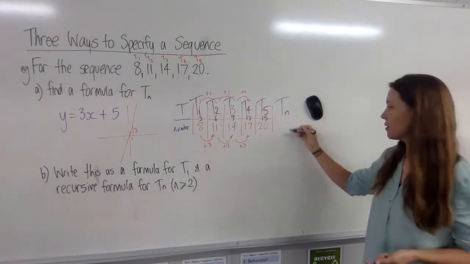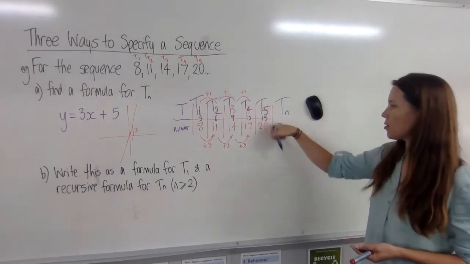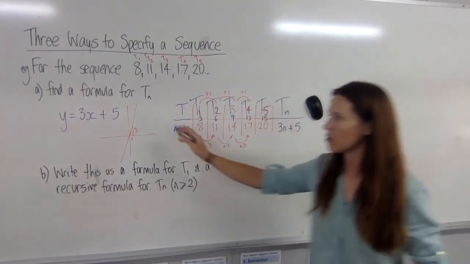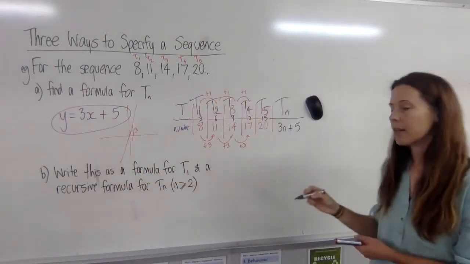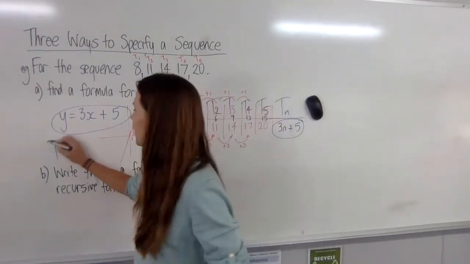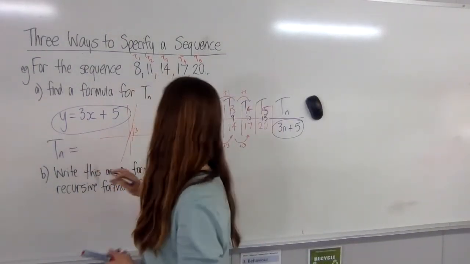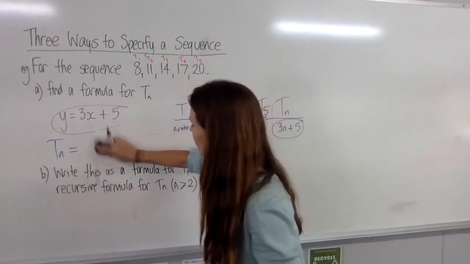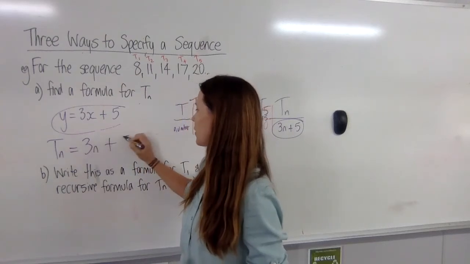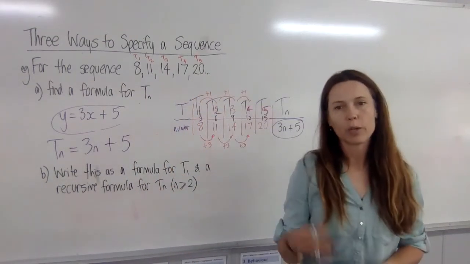What's 3 lots of n? 3n. And then you add 5. And it's that same thinking that you use to come up with this that you can use to come up with your Tn formula. So then I'd write T, the nth term is 3n plus 5.